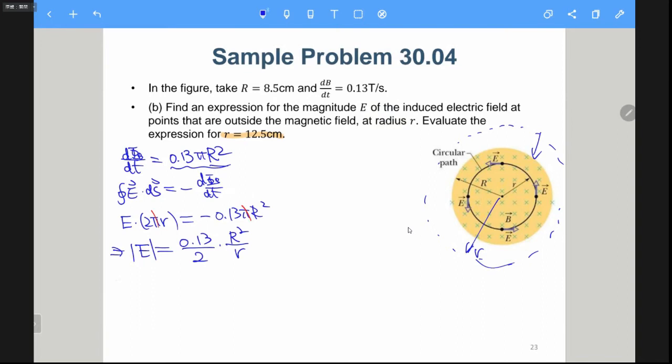Now if we evaluate E at r equals 12.5 centimeter, it will be 0.13 over 2 times capital R, which is 0.085, squared, over 0.125.